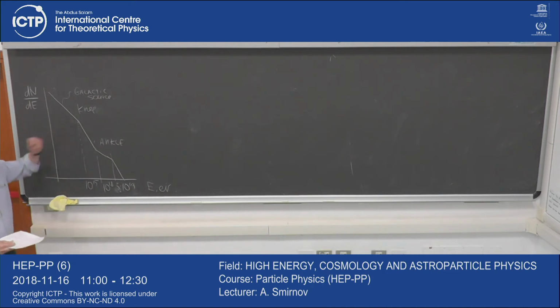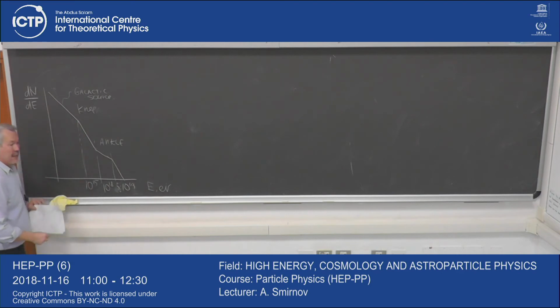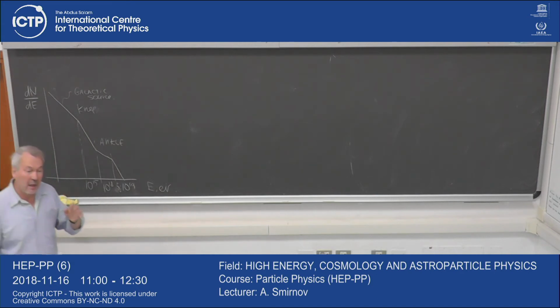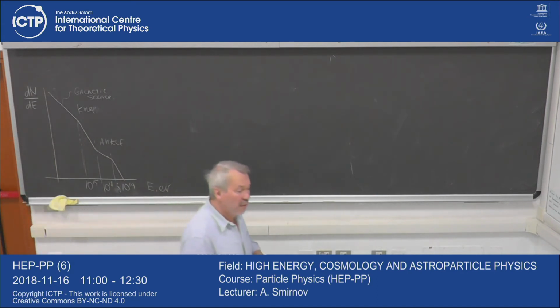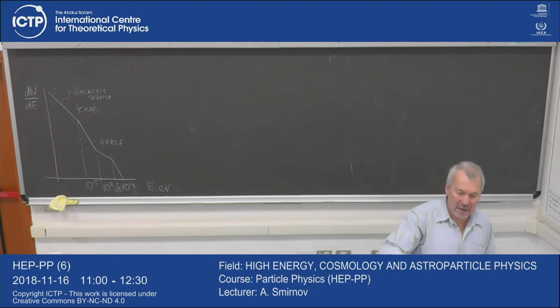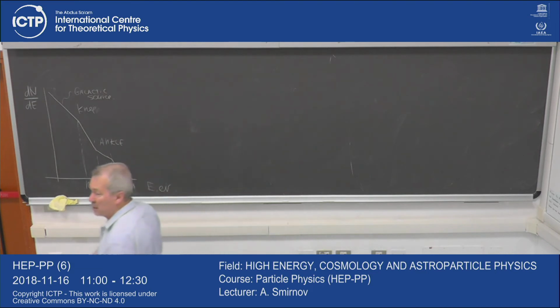For these low energies, it looks like the mechanism works, and more or less we can explain what's going on here. Now at these energies, what happens is leakage of cosmic rays from our galaxy. For low energies, and we know what the magnetic fields in the galaxy are, these cosmic rays are just trapped, they are reflected, and so they live a long time inside the galaxy.